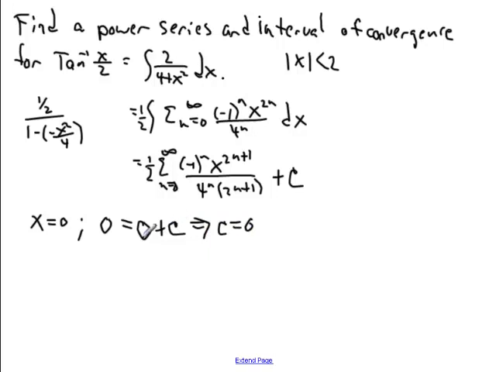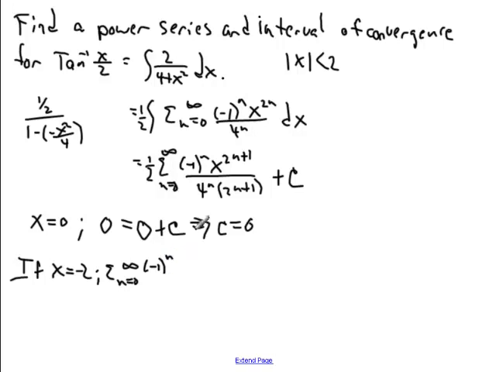Now let's look at those endpoints. So if x is equal to negative 2, then plugging in negative 2 into our formula, we get the sum from n equals 0 to infinity. Again, I'm kind of abusing the 1 half here.